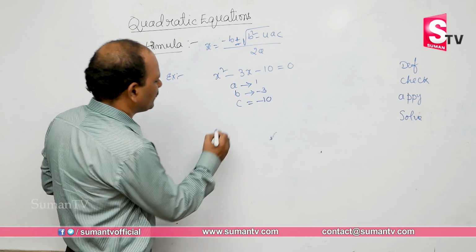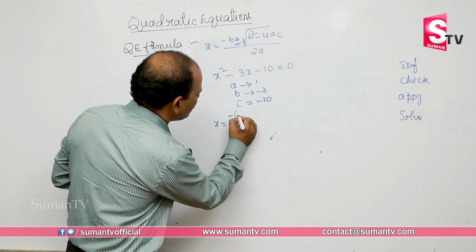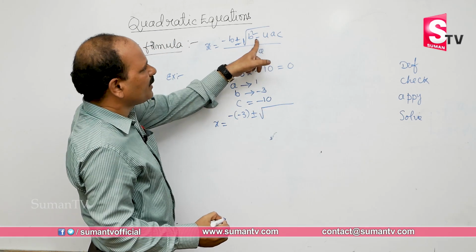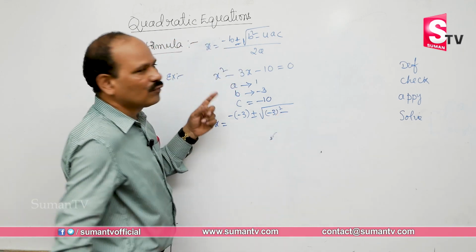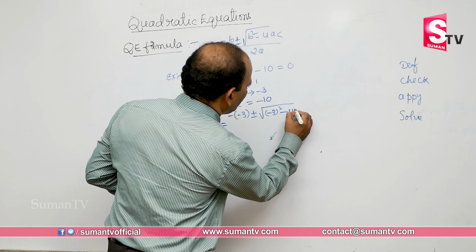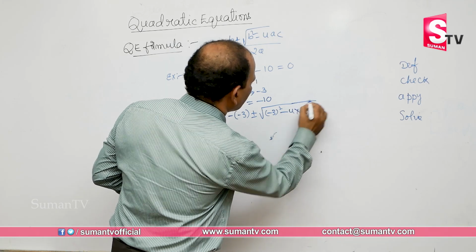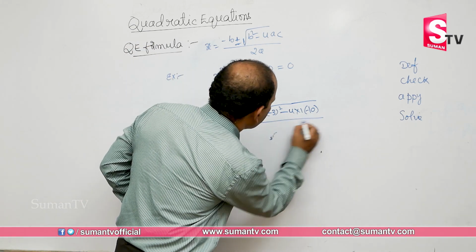Now, x is equal to minus b, minus of minus 3, plus or minus b square minus 4ac: minus 3 whole square, minus 4 into 1 into minus 10, by 2a.